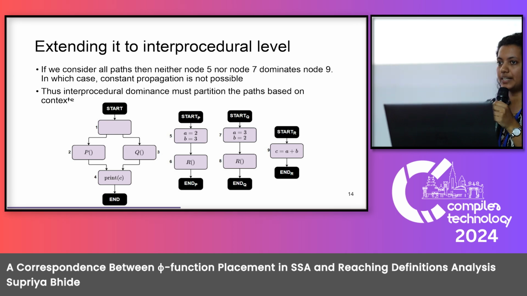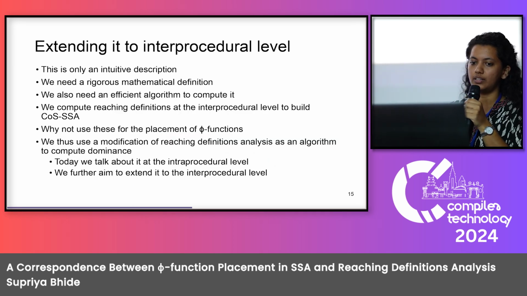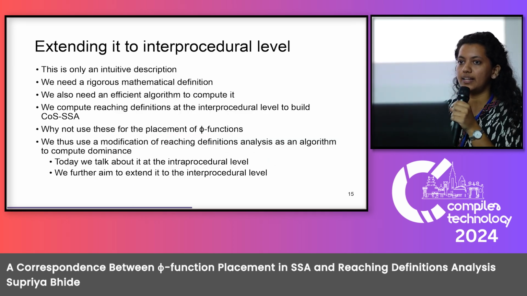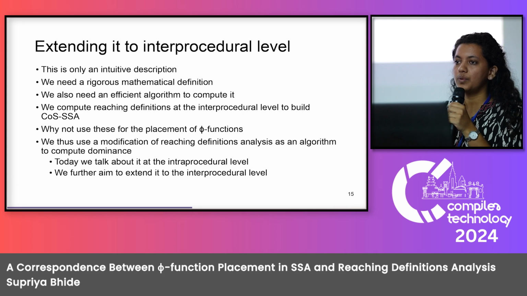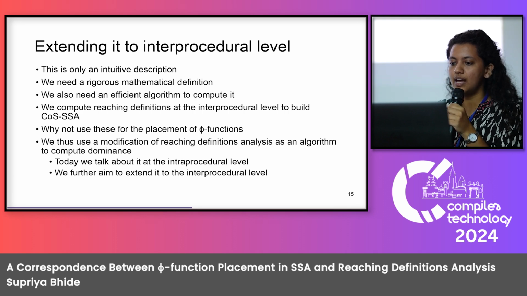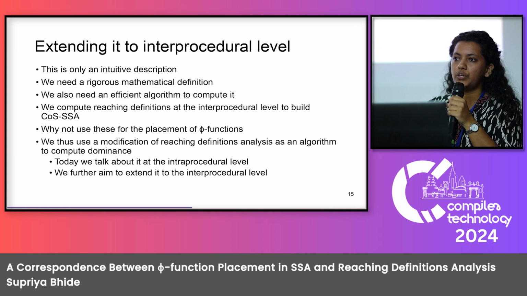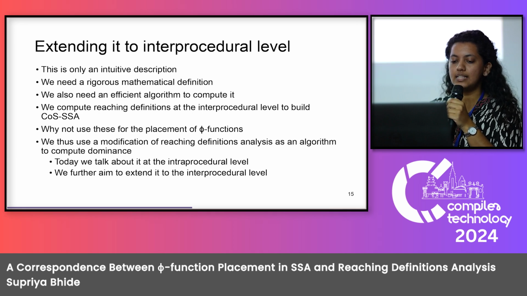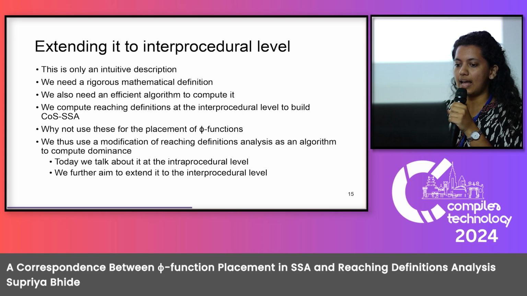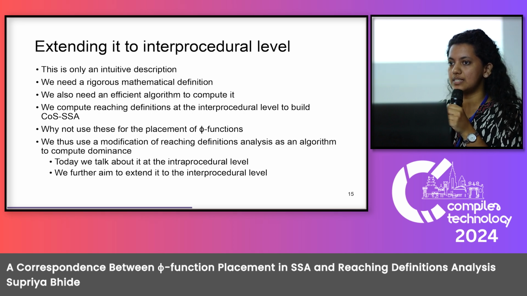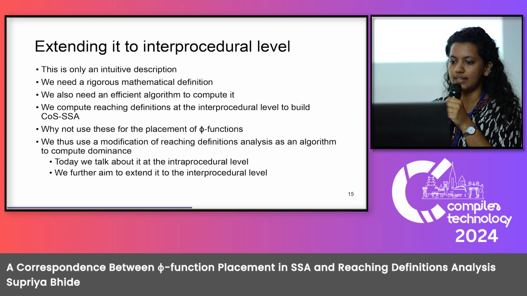So this is just an intuitive description of the idea, and we need a mathematical definition for it. We also need an efficient algorithm. We are already computing reaching definitions at the interprocedural level to build context SSA, as Dr. Pritam just said.